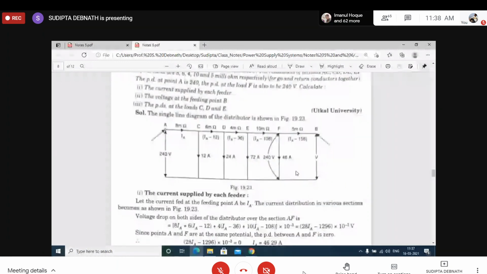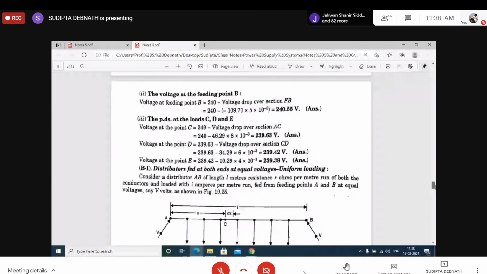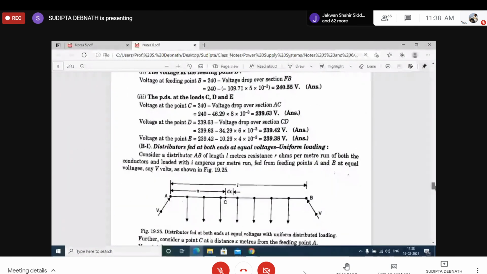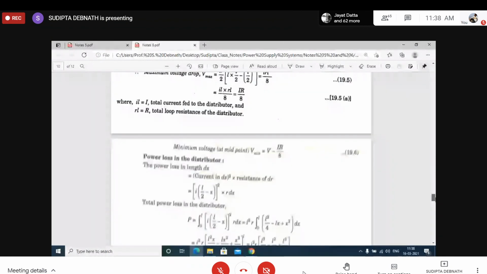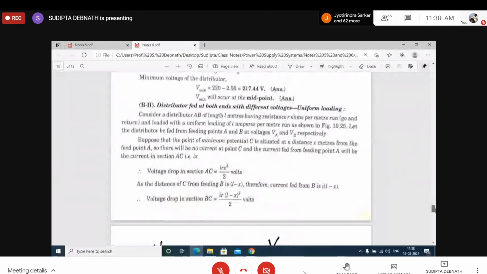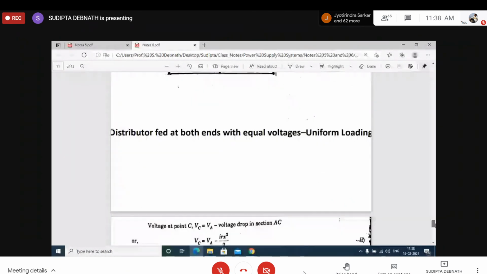So next day I will cover other things, and I will start from distributor fed at both ends with uniform loading, with equal voltages and with different voltages.